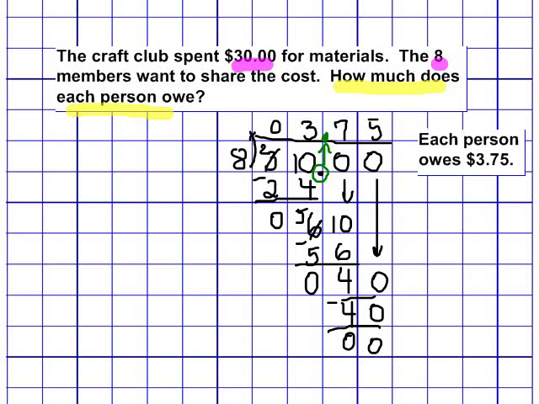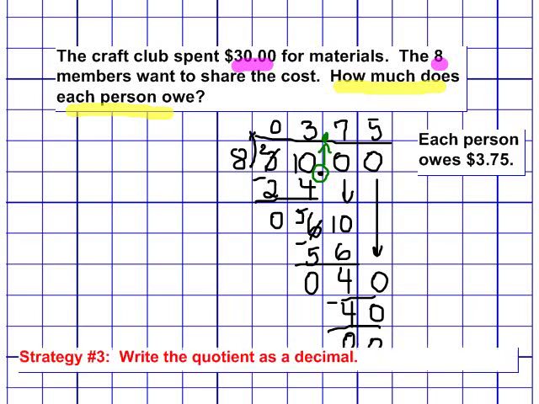Each person owes $3.75. You may be asking, where is the remainder? That is an excellent question. That's actually strategy number 3, where we write the quotient as a decimal. So because the entire answer is written as a decimal, the decimal then is the remainder. But you don't write it as R, you write it instead as a decimal number.